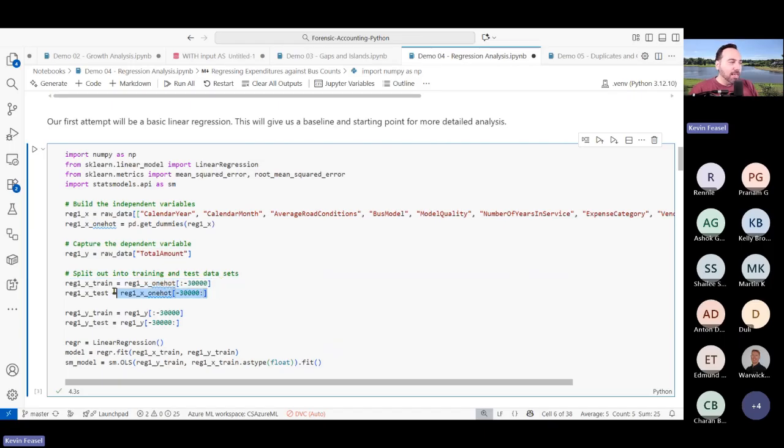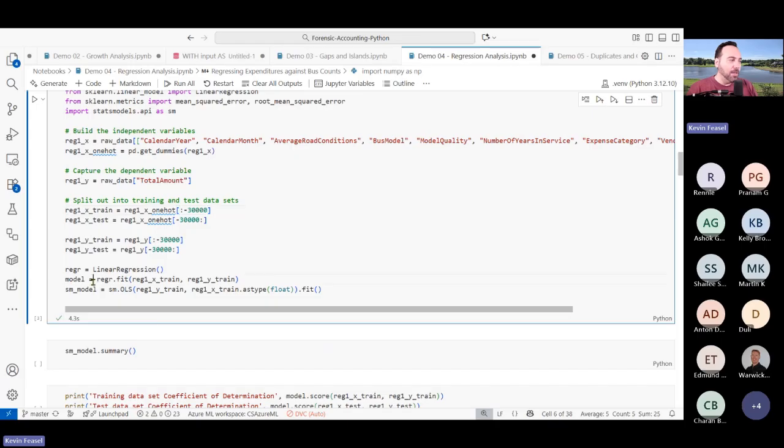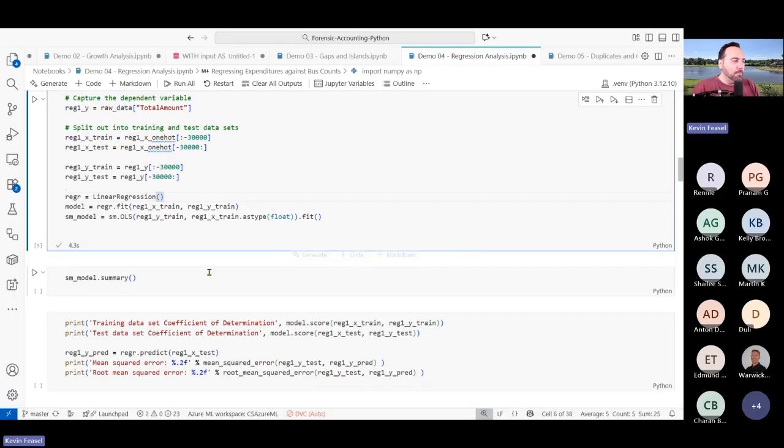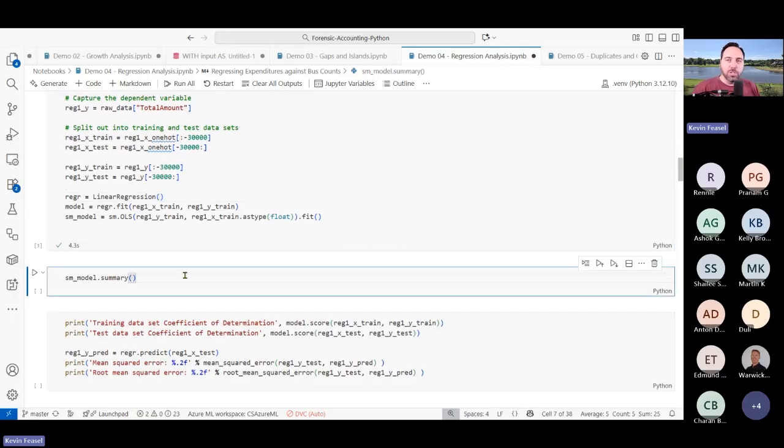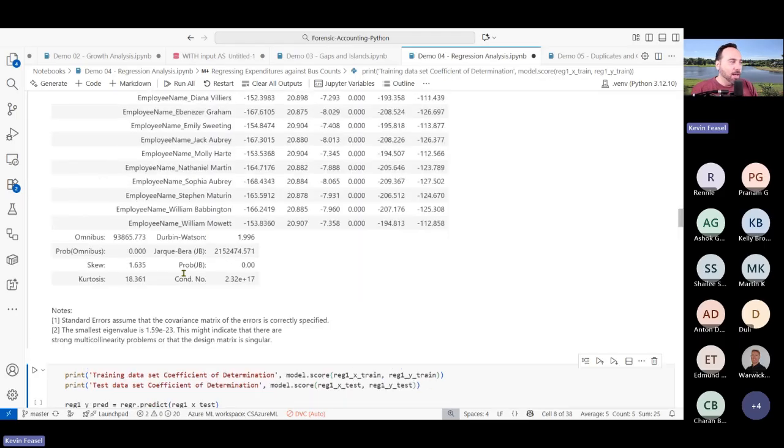My test data set will be how I can evaluate the model on data it has not yet seen. And so I'll build a simple ordinary least squares regression model. This is probably not a great model, but it's okay. We're just doing this for the purposes of learning. We're not going through a data science course on regression analysis.